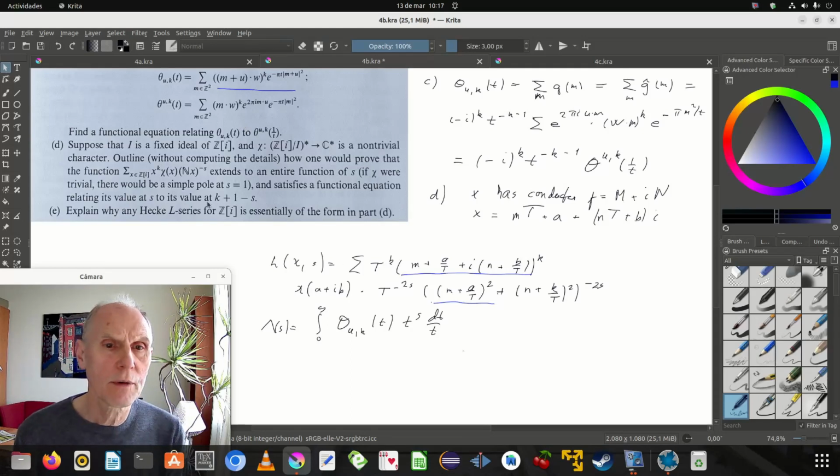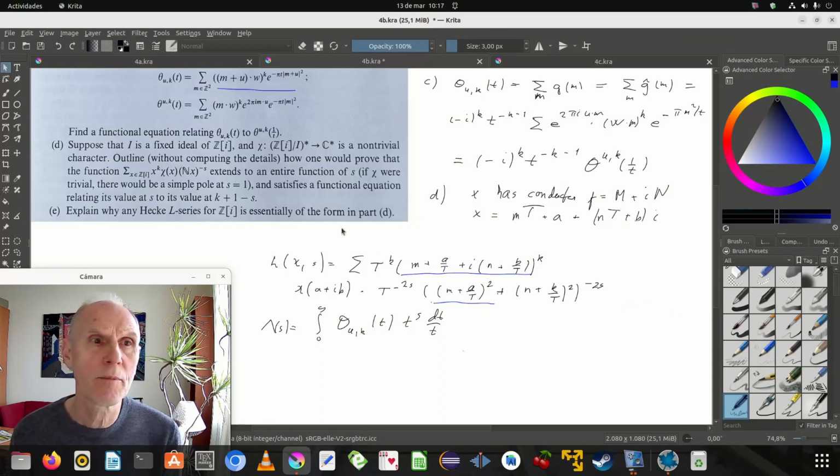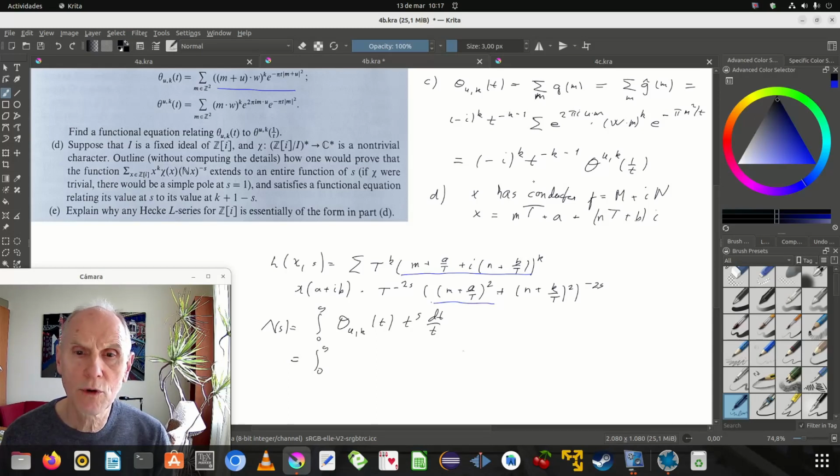Now we shall show it relates to this, and it's the usual transformation formula. We use the formula up here, and well, let's write it all.